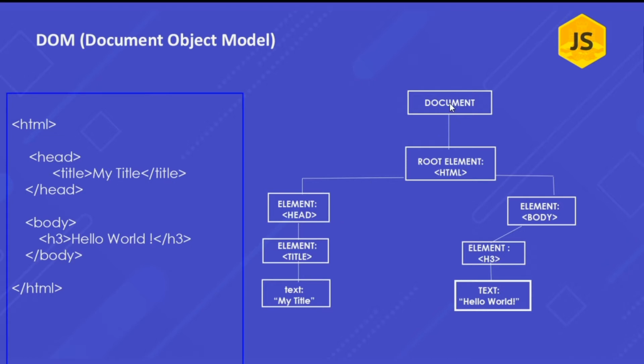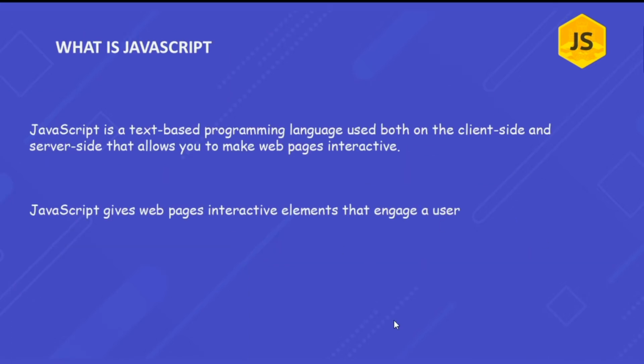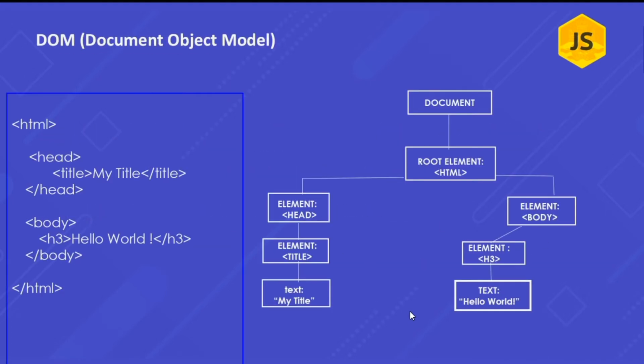Document object model, as the name suggests. So this is the document. The root element is the HTML which we have already declared, and inside the root element we are considering two elements at present: one is the head and another is the body. Inside head we are considering an element that is the title, which has the text my title, and inside the body tag we are considering another element, h3, and inside that the text hello world.